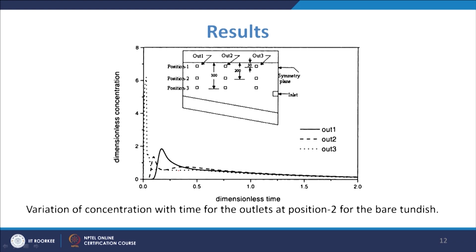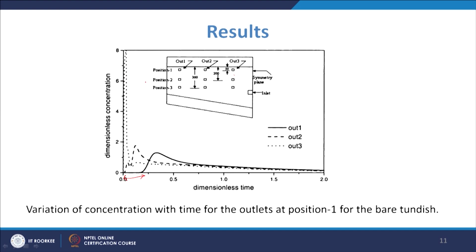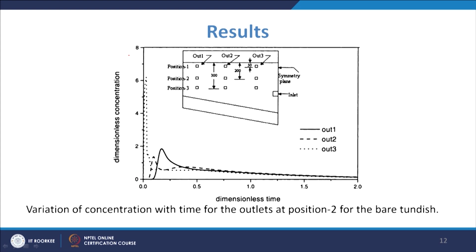If you change the outlet position somewhat away from the wall, you see that the earlier peak, which was 8 because it was close to the wall, has come down to close to 6.